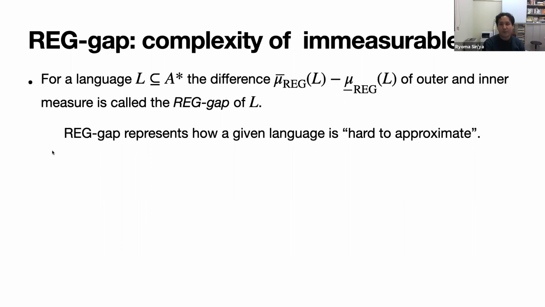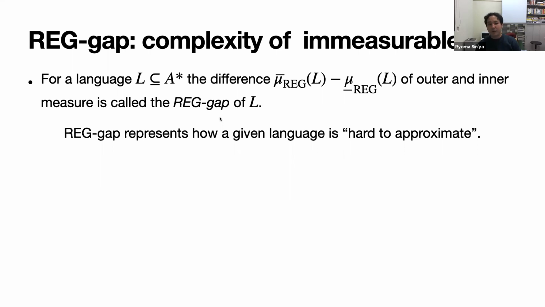Before that, we define some notions. For a language L, the difference of its outer measure and its lower measure is called the regular gap of L. This value represents how hard a given language is to approximate. So L is regular measurable if and only if the regular gap is 0.